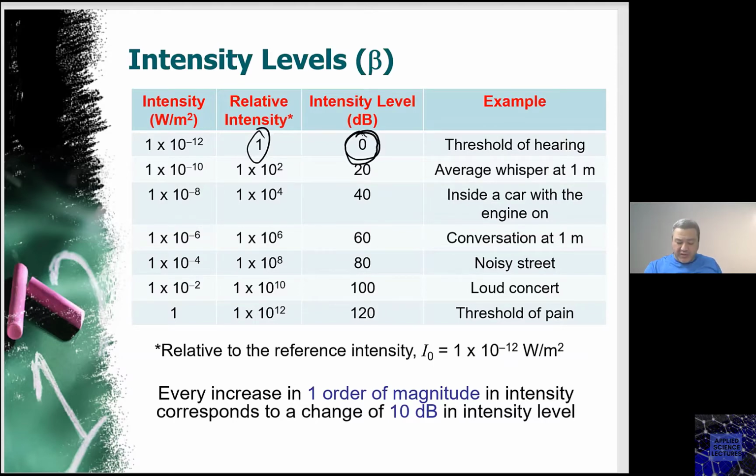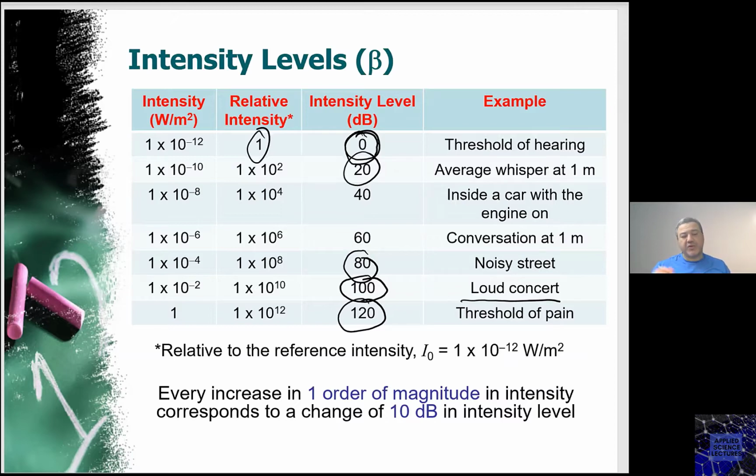Let's look at other sounds and noises. The threshold of pain is around 120 dB. A noisy street, for example, is 80 dB. An average whisper at 1 meter is around 20 dB. We will see how we can calculate those numbers.